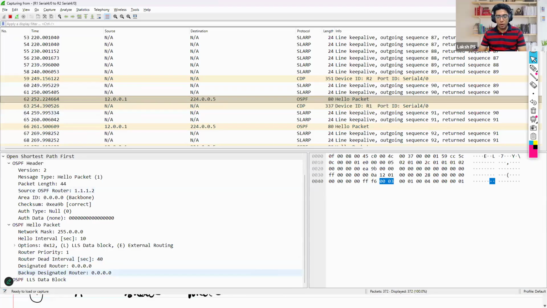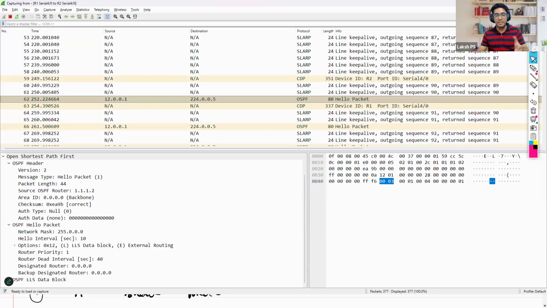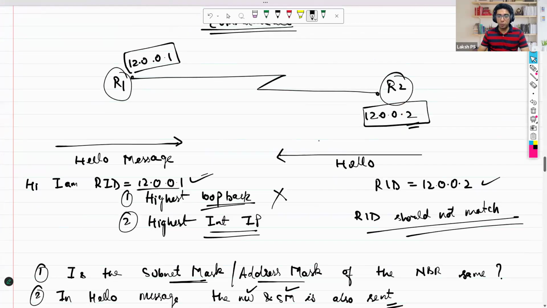Okay, so what has happened here? We have configured OSPF only on R1. Let us configure it on R2. But for understanding's sake, let us try to have a mismatch. What are those mismatches? We know that the router ID should not be the same. Let us try to make the router ID the same on R2.